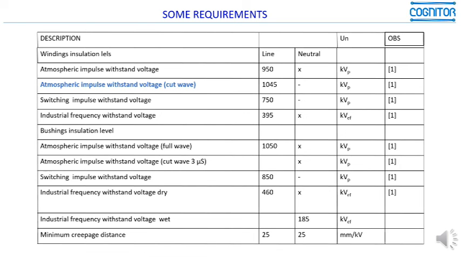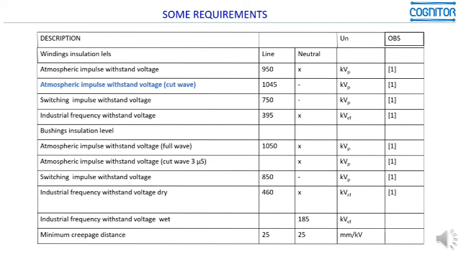And that kind of wave, which we are calling here the cut wave, can be very severe for the insulation of equipment. The insulation of equipment is very sensitive to these cut waves.